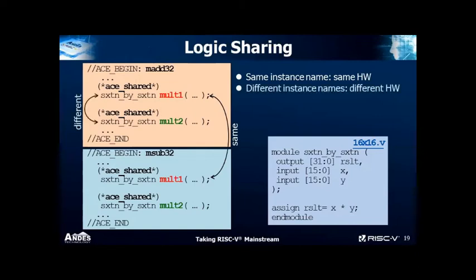Otherwise, they can define different name on different module. If designer want to have a different multiplier, they can use parallel. All the control and arbitration logic is automatically handled by ACE to reduce the development effort from the designer.